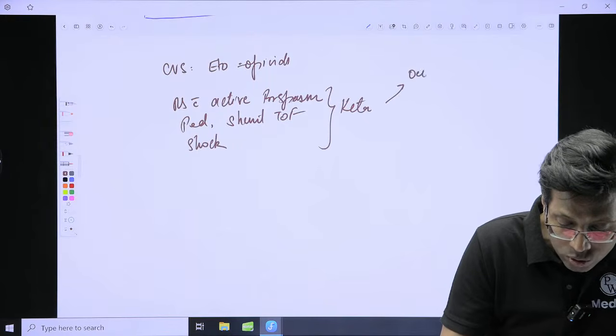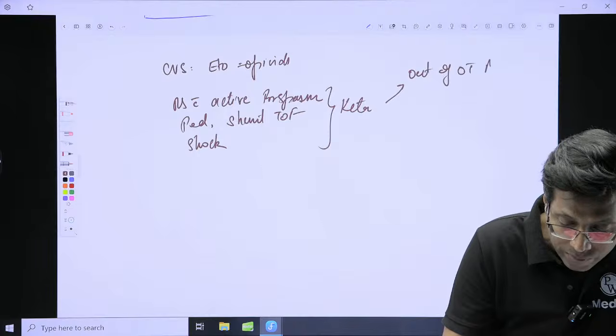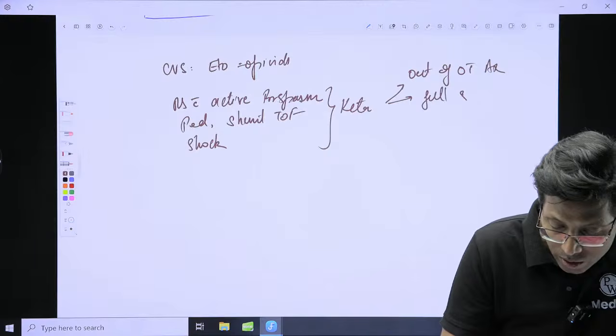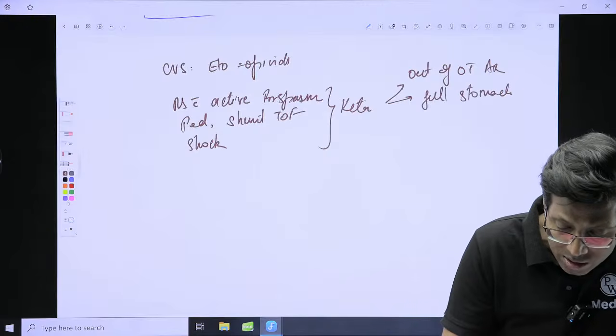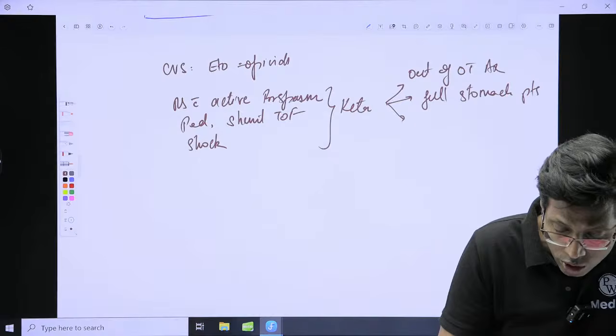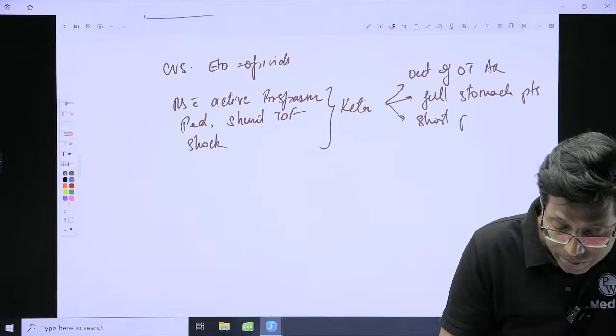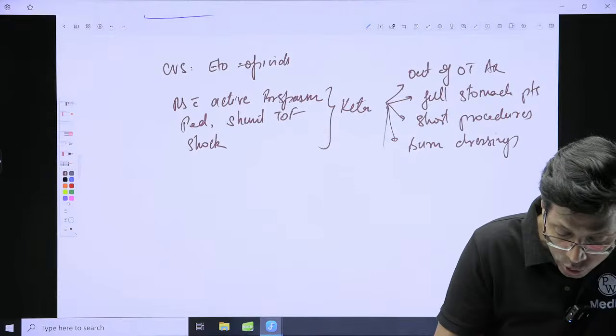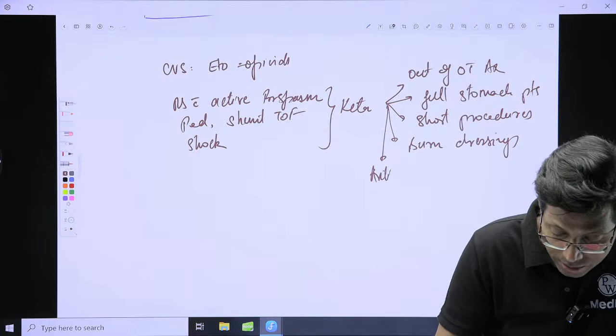Ketamine can also be used for out of OT anesthesia, for full stomach patients, and sometimes it's very useful for short procedures like burn dressings. And yes, a new thing is antidepressant.